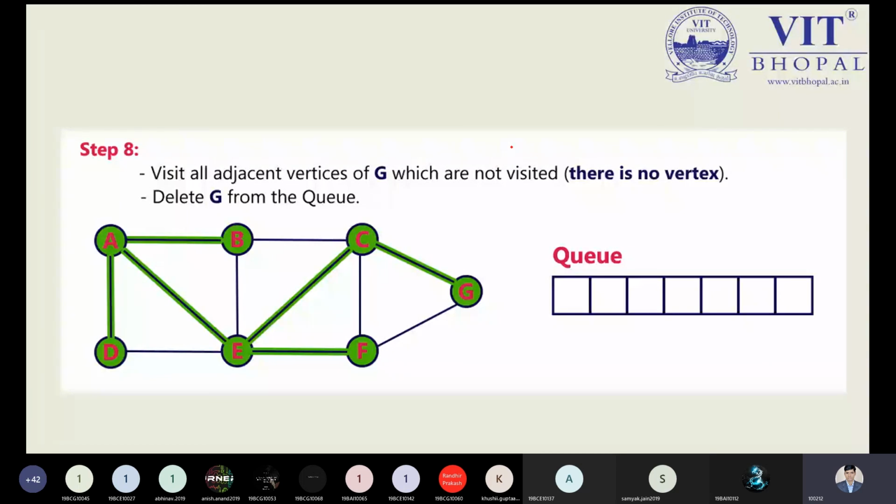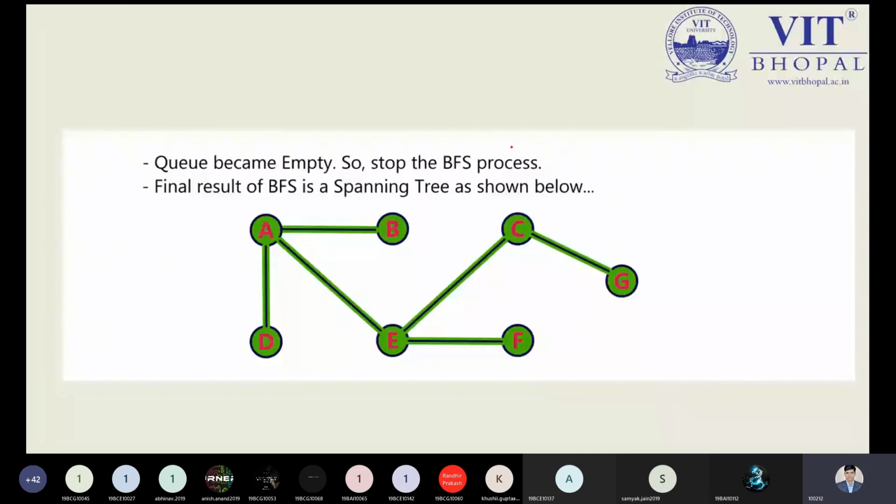Okay, you can solve it. Now the final tree will be, the queue has become empty. So stop the BFS process now. The final result of the BFS will be in this form. There is no loop available here. If there is a loop, it means there is some problem. So this is our spanning tree.